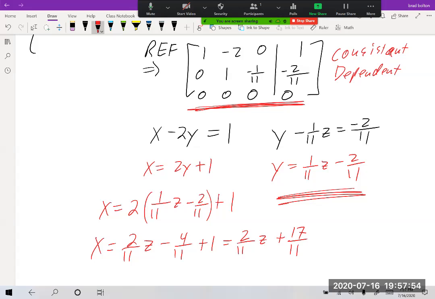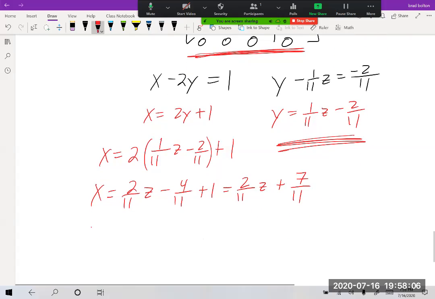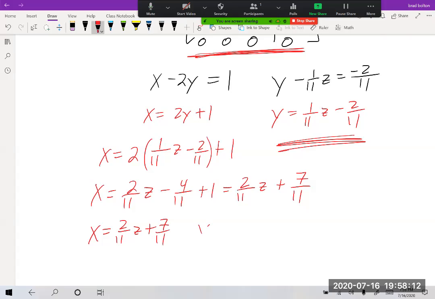Oh no, why did I do 22? I only needed 1/11. So it would be 11 over 11 minus 4, which is 7 over 11. There we go. So we now know that x is worth 2 over 11 z plus 7 over 11, and y is worth 1 over 11 z minus 2 over 11.